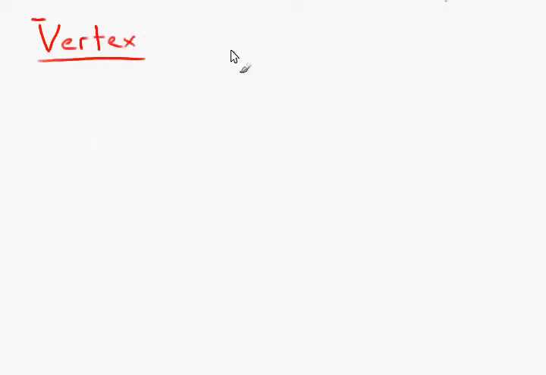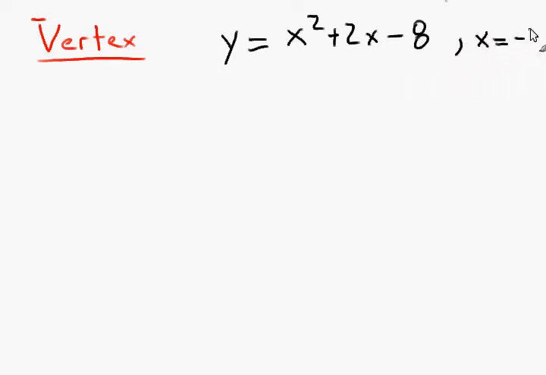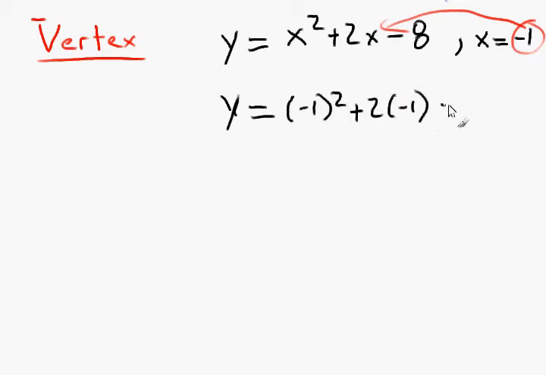So we had y is equal to x squared plus 2x minus 8, and we had x is a negative 1. So we're going to substitute this in, and we'll have y is equal to minus 1 squared plus 2 times minus 1 minus 8.